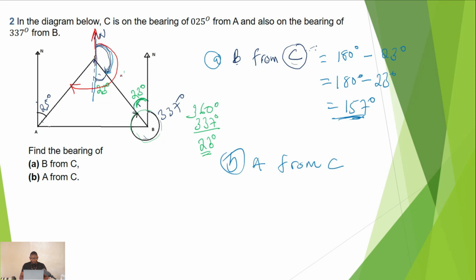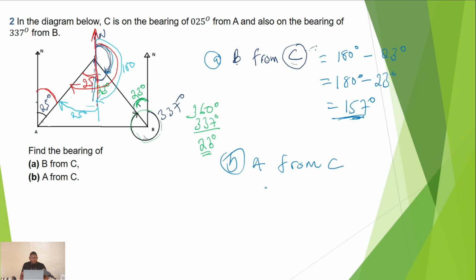So now this is even very easy, because we already know this bearing here, that it's 25, which using the parallel line or the alternate angles, it will be equal to this one, which will be 25. So now we know that the straight line is 180, then plus the 25 that we have here, just this angle.